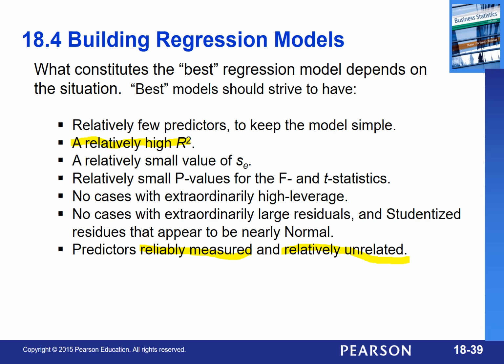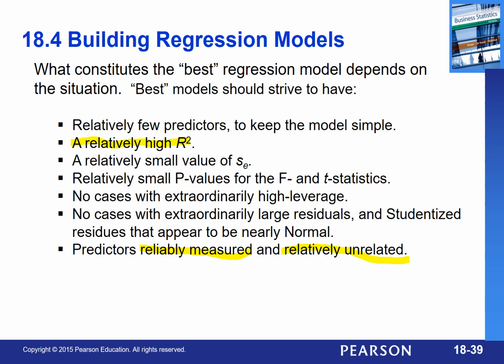Okay, relatively small value of S. We want to have all of our P's be significant and our F value be significant, aka our entire model be significant. We don't want to have any high leverages, high residuals, or high studentized values, and everything needs to look nearly normal. There's a lot of requirements, I'm hoping you notice that.